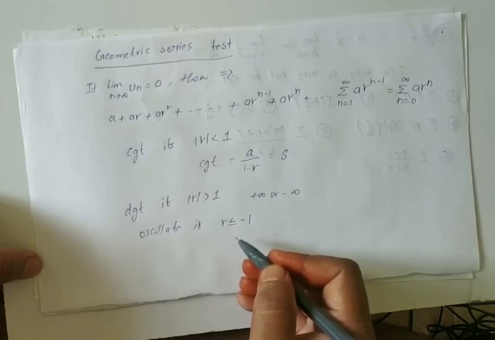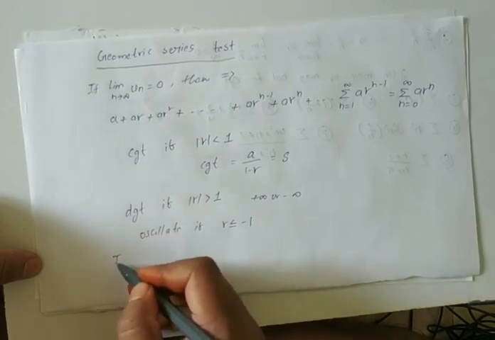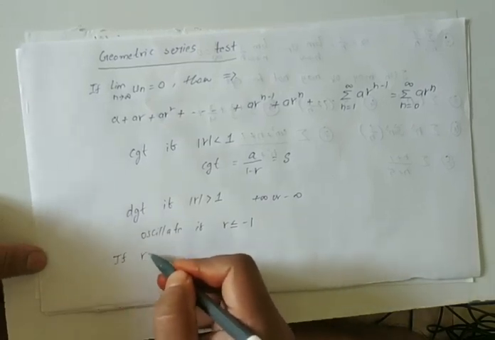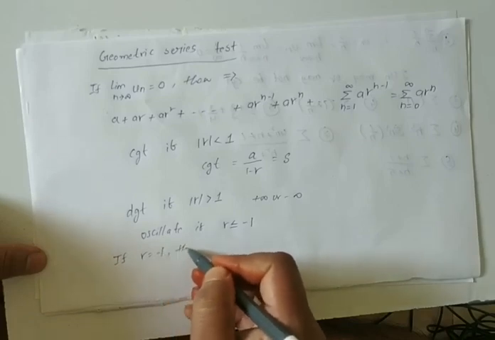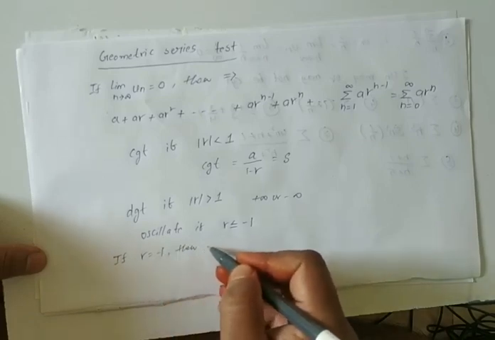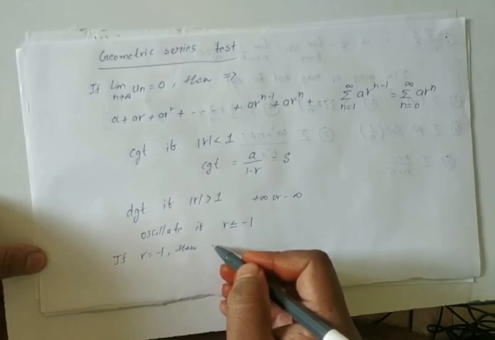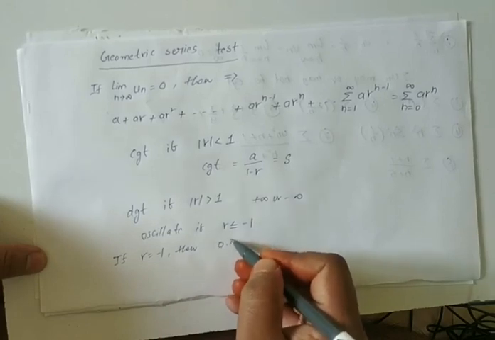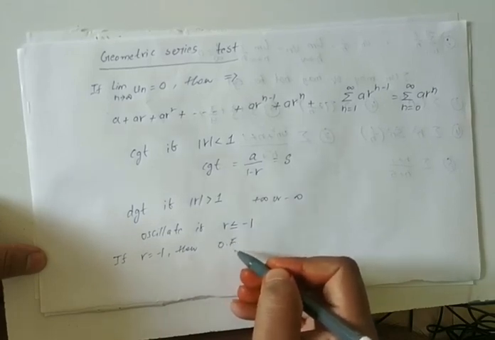Here, if r is equal to minus 1, then only we will say that the given geometric series is oscillating finitely.